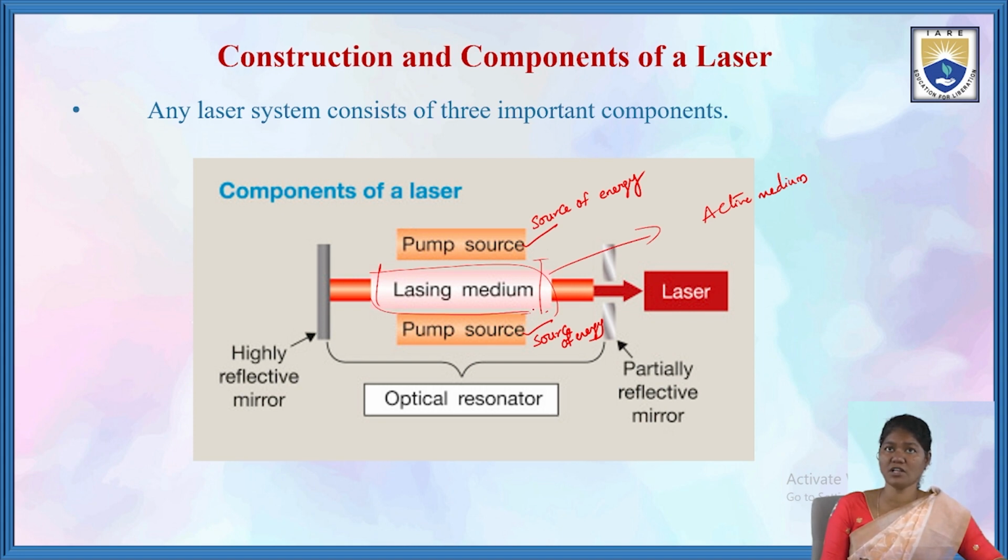These photons interact with other electrons in the metastable state, and when they fall back, they again emit photons. Likewise, the emitted photons are multiplied, so more photons are emitted. So stimulated emission takes place in the lasing medium or active medium.